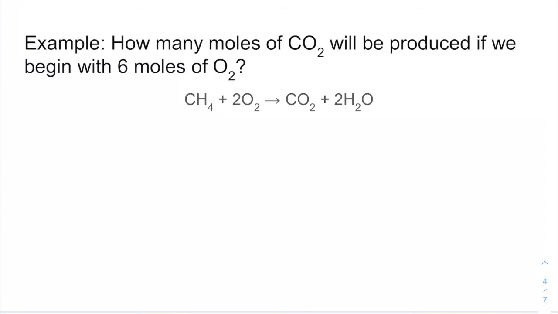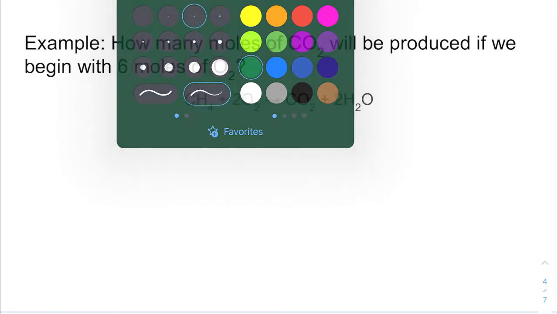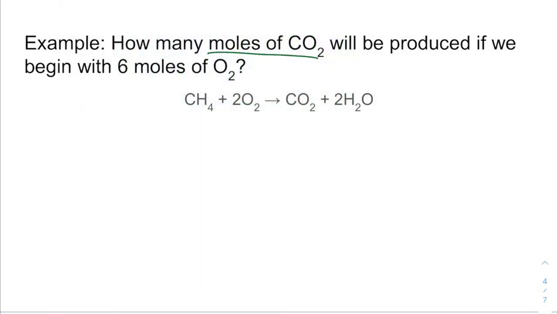Let's take a look at another example, same sort of thing. Our question reads, how many moles of CO2 will be produced if we begin with 6 moles of O2? Again, we are dealing with moles of CO2 and moles of O2, so we're still going to use a mole ratio, going moles to moles. We're starting with 6 moles of O2, trying to figure out moles of CO2.